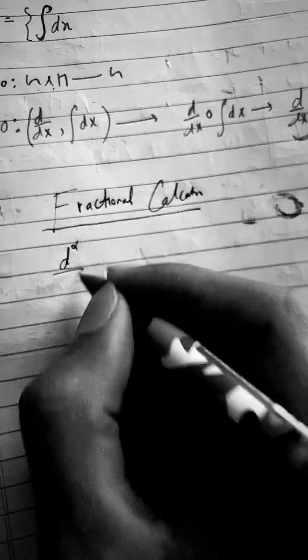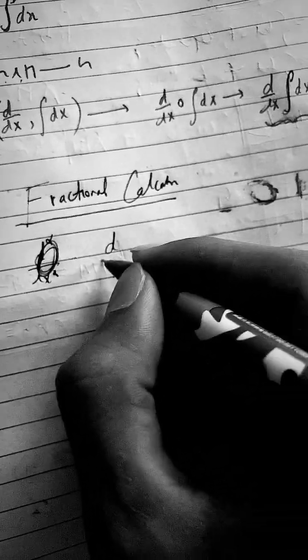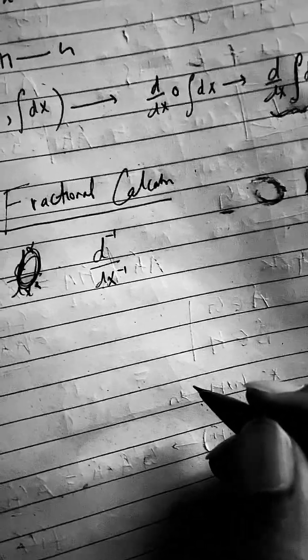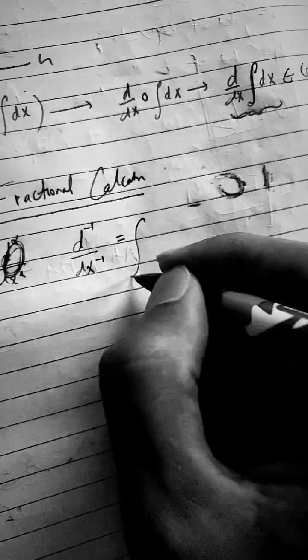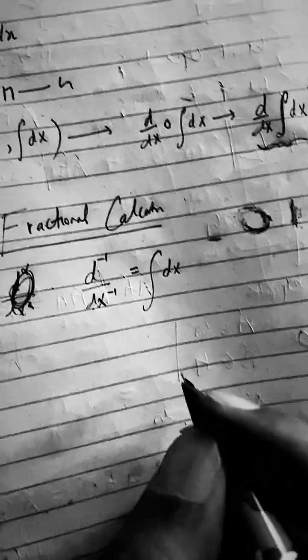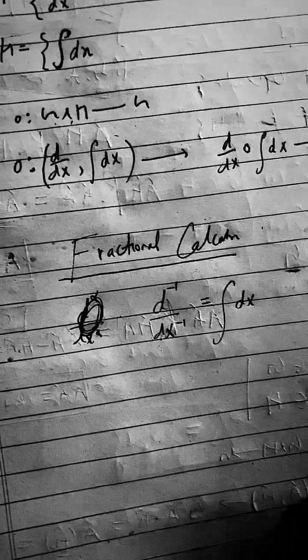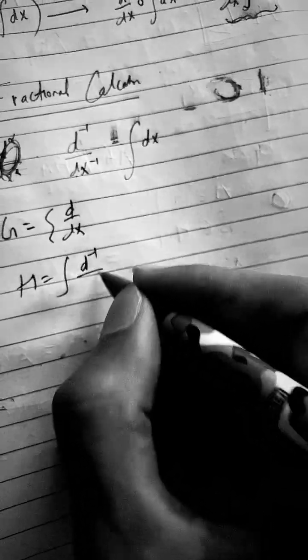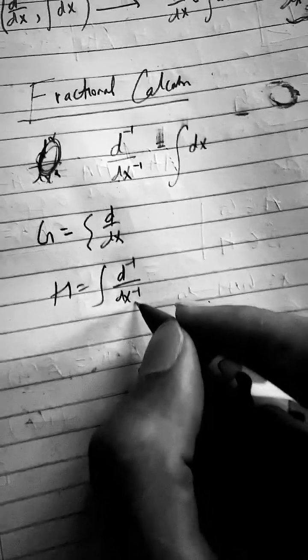The idea of fractional calculus is you can compute dy dx with negative power, and this is exactly what integration is. Okay, so now we're going to make this set in a different way, which is G equal to dy dx and H equal to this set, because this is now integration.